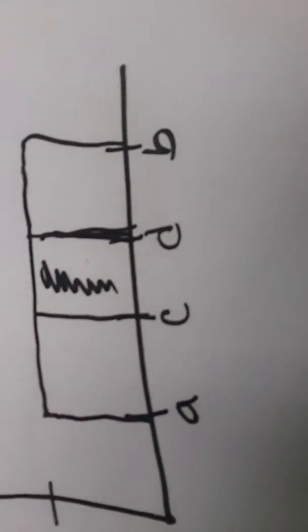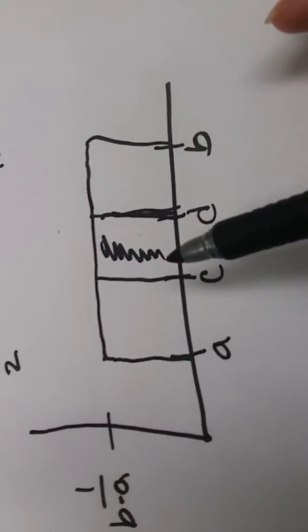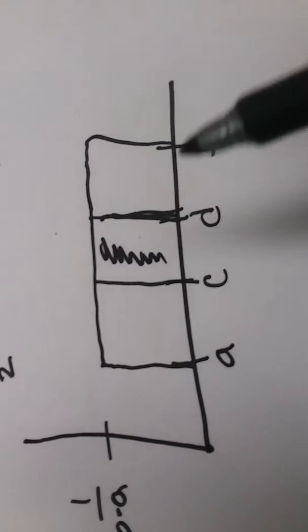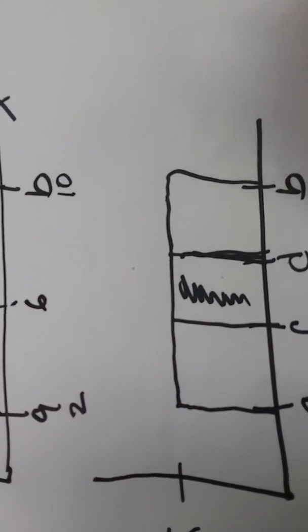Now, let's say we wanted to calculate the probability of a variable falling between some range, in this case C and D. So we're going to stick numbers in here. A was 2, B was 10. Let's make D 8 and C 4.